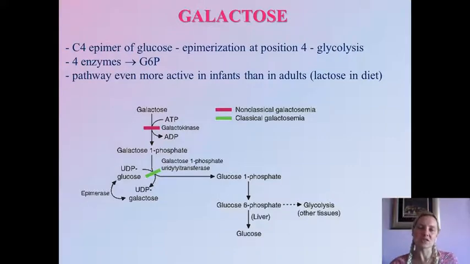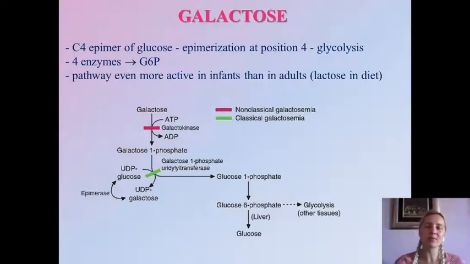It's not just a simple epimerization at position 4, but rather it involves 4 enzymes for conversion of galactose to glucose 6-phosphate. This pathway is moderately active in adults, but in infants it is even more active due to the larger portion of lactose in the diet.